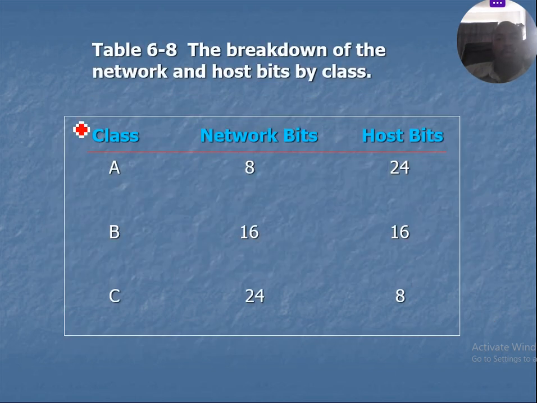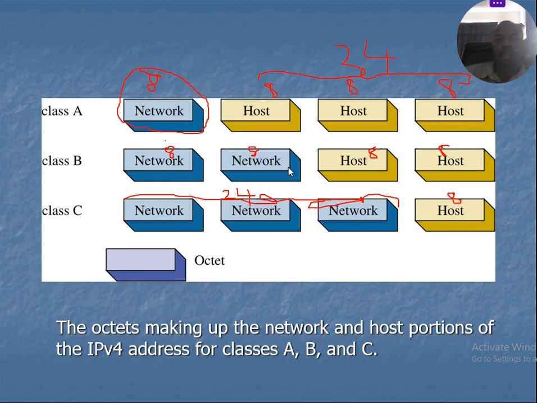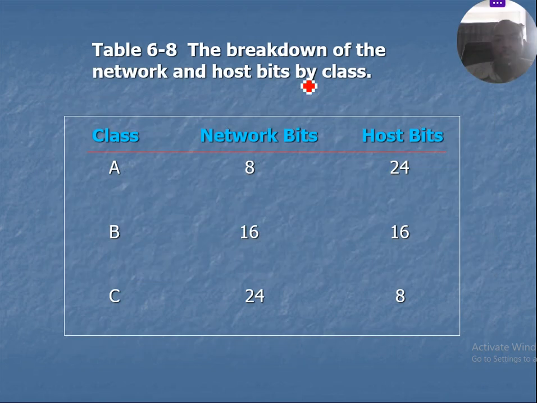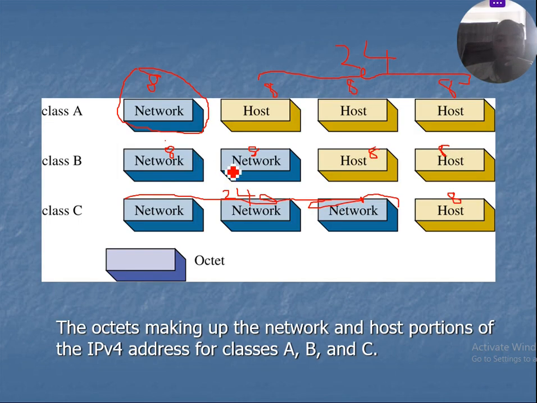So this is what is displayed, what I was explaining. You can see the network bits for class A is 8. The host bits are 8, 8, 8. That's 24. So the network bit for class A IP address is 8. The host bit is 24. For class B, the network bit is 16 because it's 8 and 8. 8 plus 8 is 16.